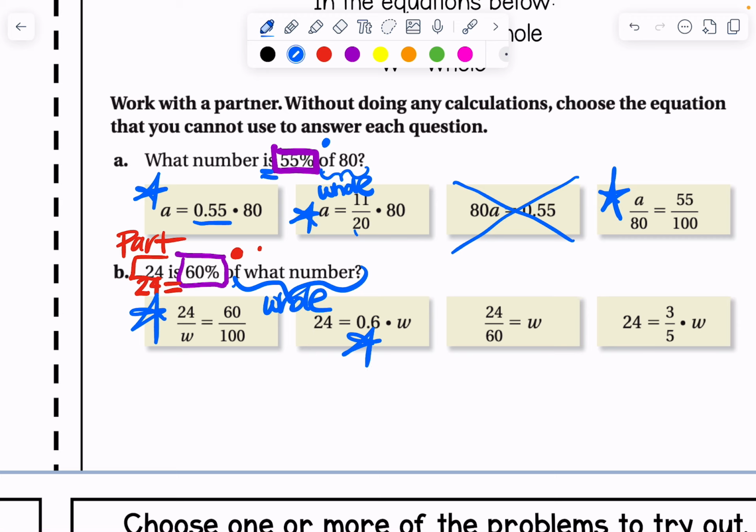So that would work. And also if we look, I'm going to skip the third one. If we look at the last one, 24 is equal to 3/5 times W. 3/5 is 60% in fraction form. So that one would work as well. And then that third one there would not, okay? This would work if 24 was our part and 60 was the whole.